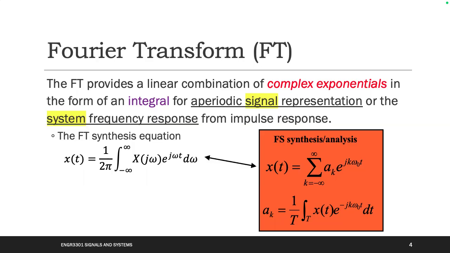And then this one, X(jω), you can see this is a function, right? It's related to omega. What's omega? Actually, it's frequency. That makes sense to you? When we talk about that, it's angular frequency, right? So which means for the non-periodic signal, your FT coefficient is related to your frequency.